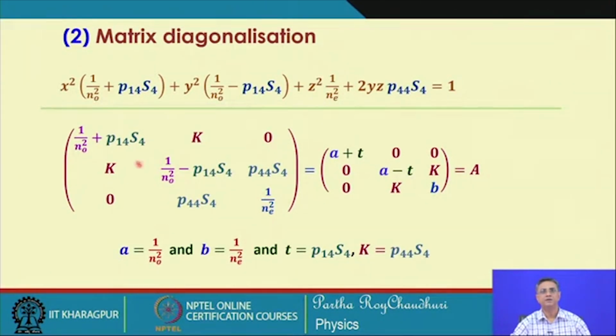Now, just for the sake of simplicity, we substitute for this as a and for this as b, and this is for t, that is p 14 s 4 will come here, and k equal to this.